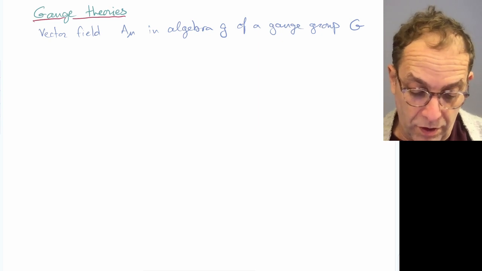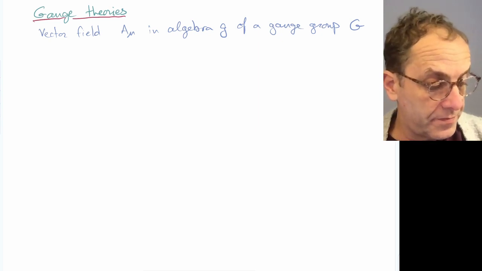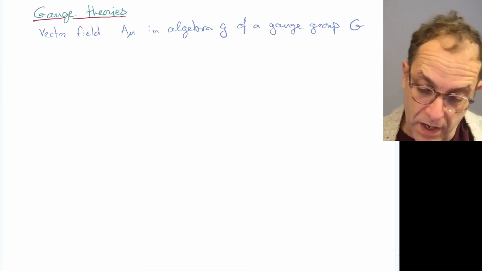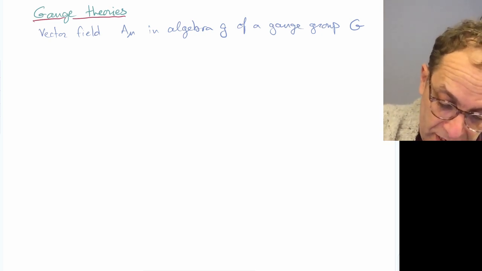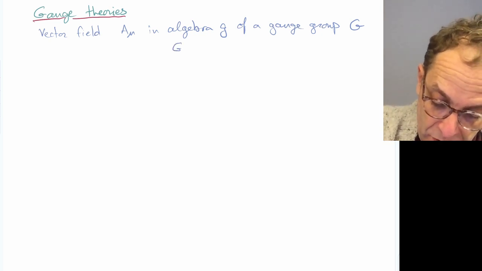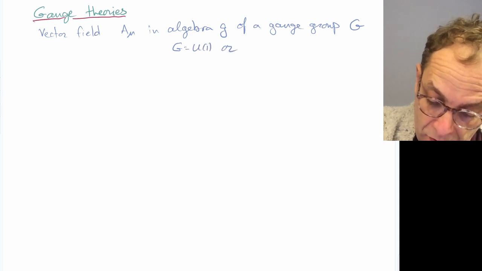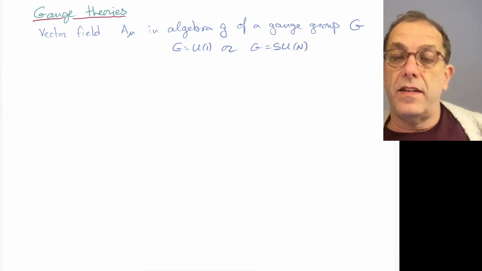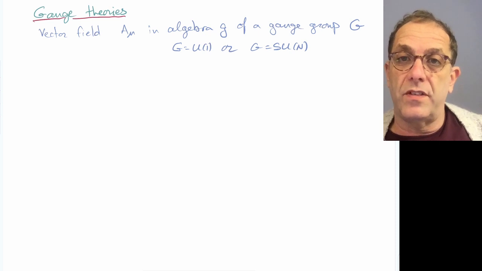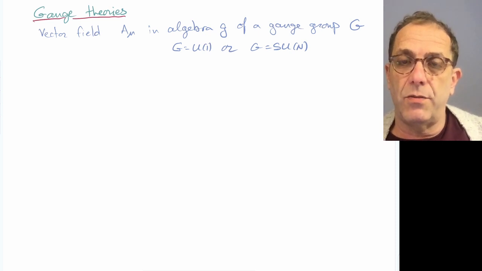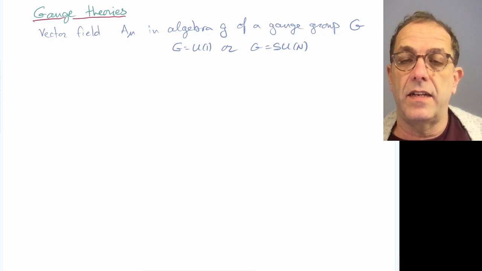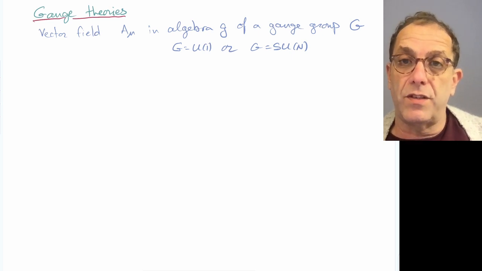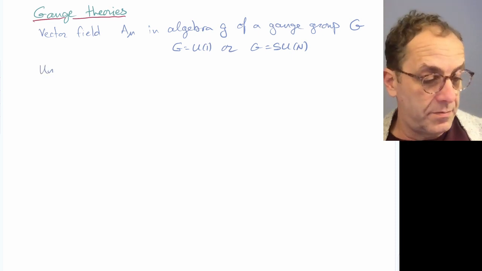So we are only looking at vector fields. And in the examples we study today, G will be equal to U(1) or to SU(N). And sometimes it is important to distinguish between SU(N) and SU(N) mod Z_N. And there are different observables in these theories, but I will not discuss that today.